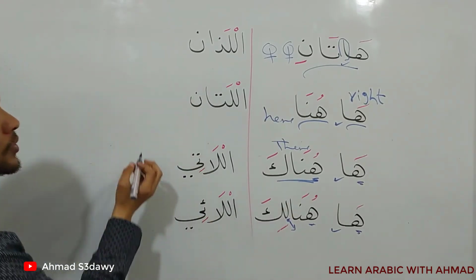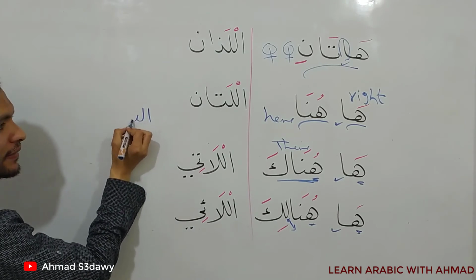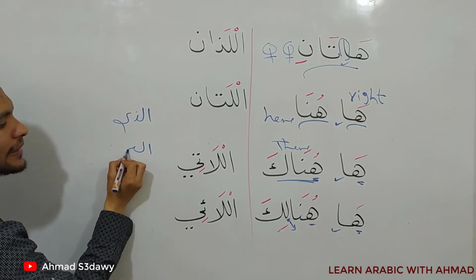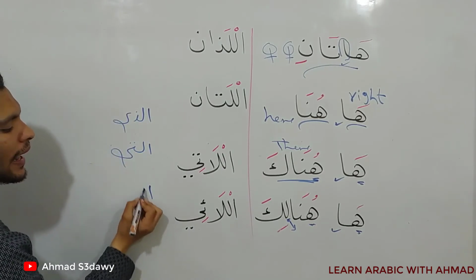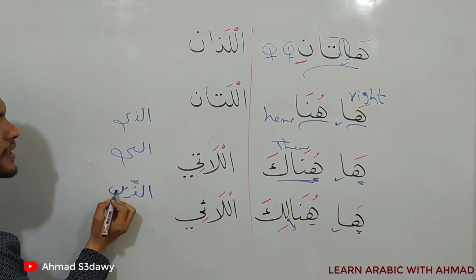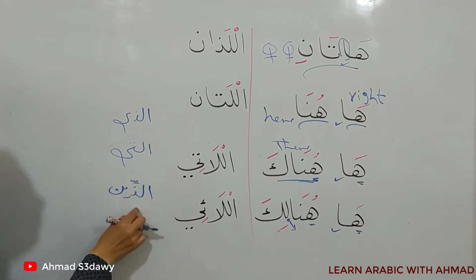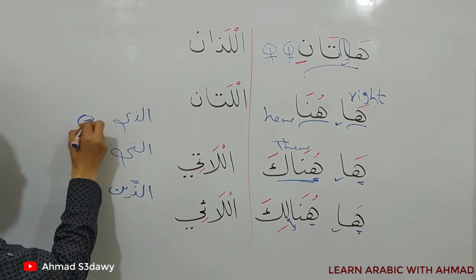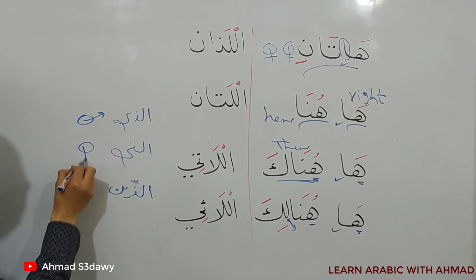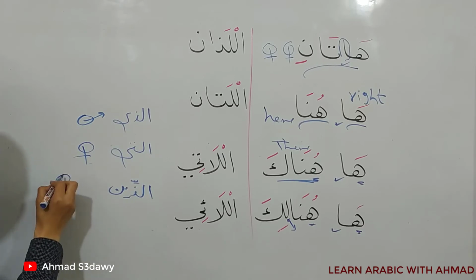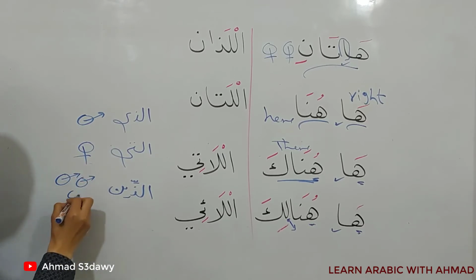Here, remember when we talked about الذي and التي and الذين? We said that الذي or التي or الذين mean who or which or that. الذي for masculine, التي for feminine, الذين for masculine plural.